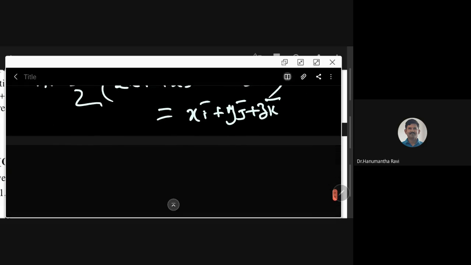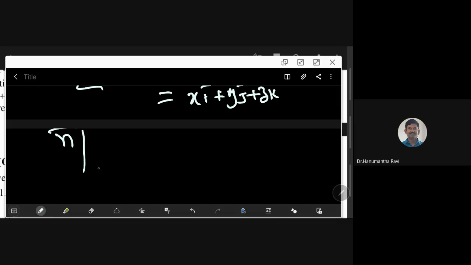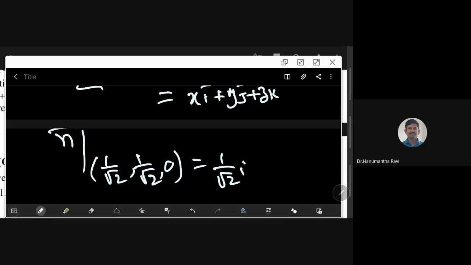This gives us 1 by root 2 I bar plus 1 by root 2 j bar. That's all. So this is the unit normal vector to the surface at 1 by root 2, 1 by root 2.